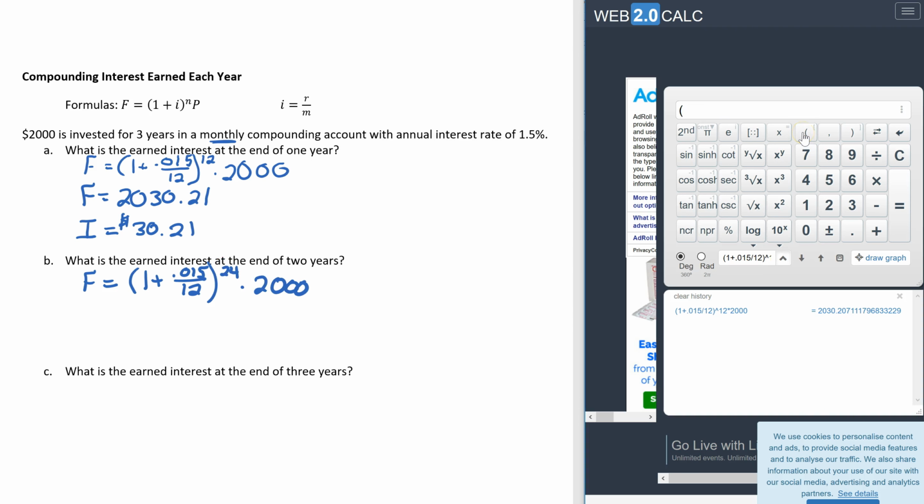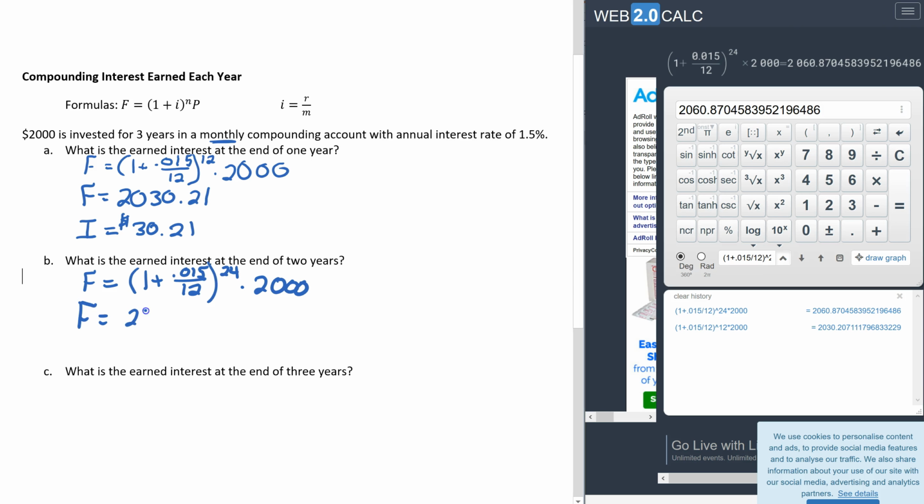Now I type the equation in, and I have that the balance at the end of 2 years is $2,060.87. So the interest earned at the end of 2 years is $60.87.